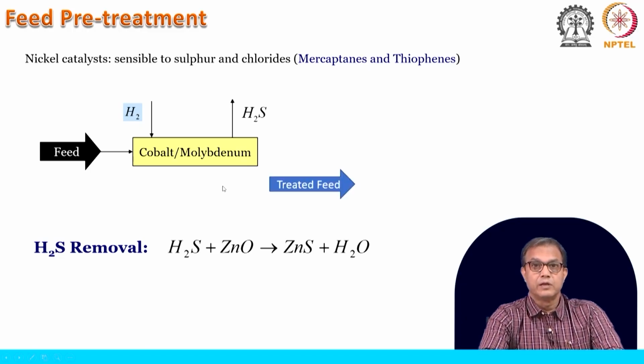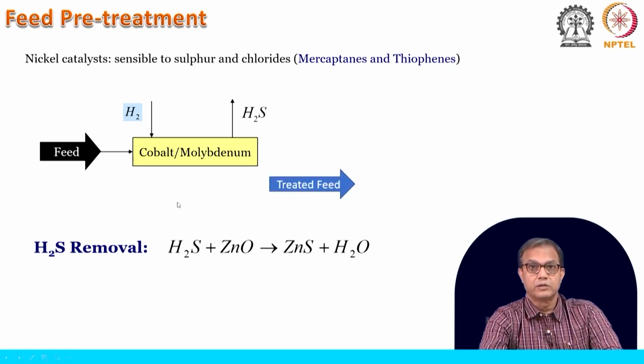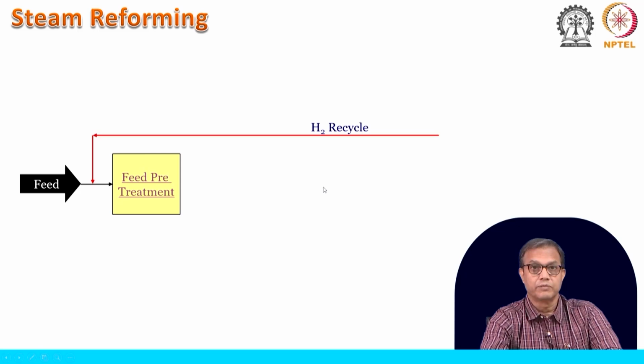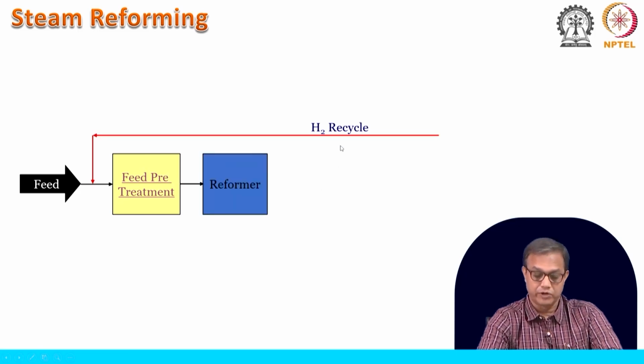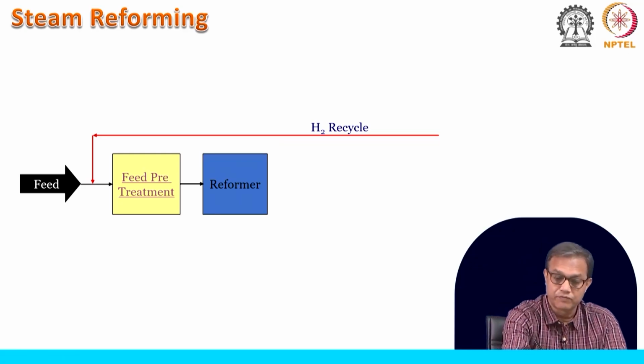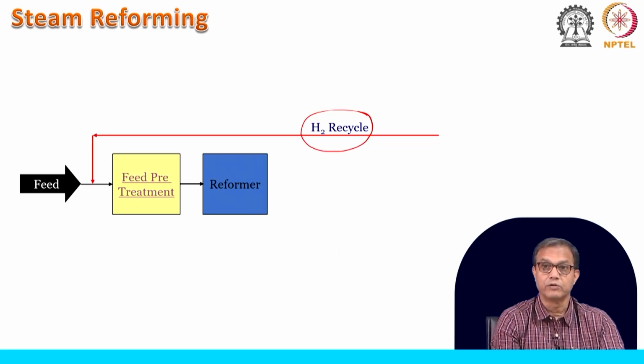This will generate the treated feed, and this treated feed will now be taken into the reaction. As we have learned, we need a certain amount of hydrogen for feed pretreatment, so we have to see later on where this hydrogen is coming from.